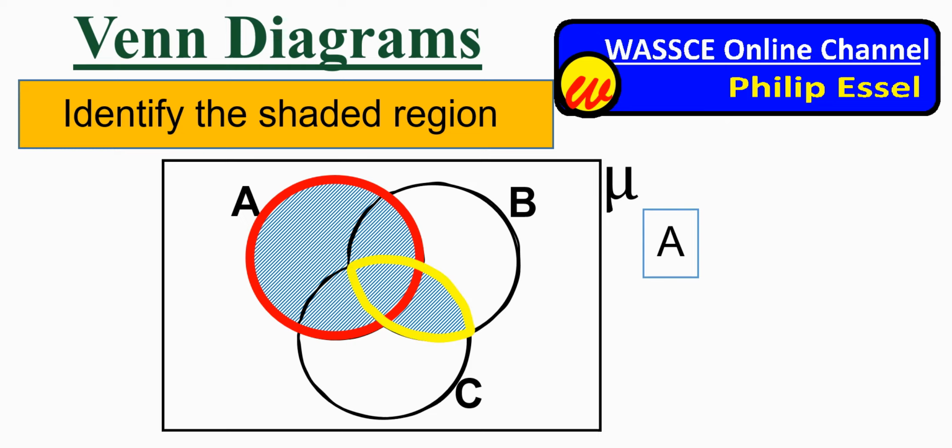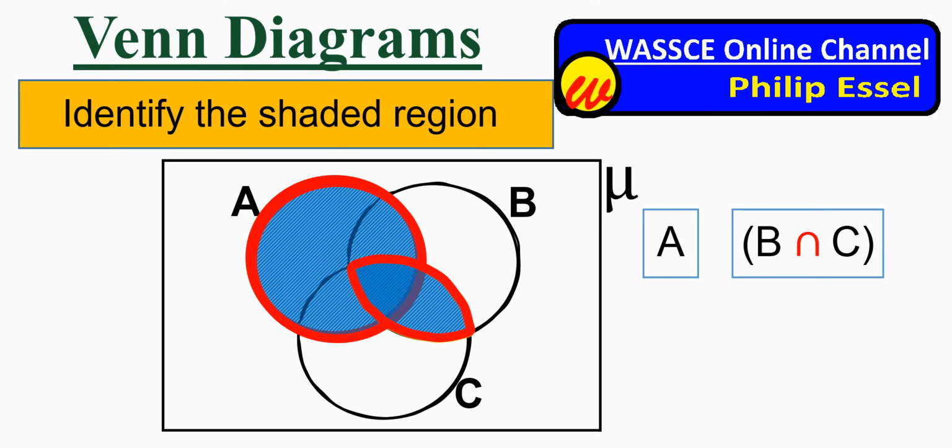Now, this is another region. I hope you remember the name or notation of this region. Well, it is the region B intersection C. As you can see, the two regions have been merged together. When two regions merge together to form a unit, they unite.